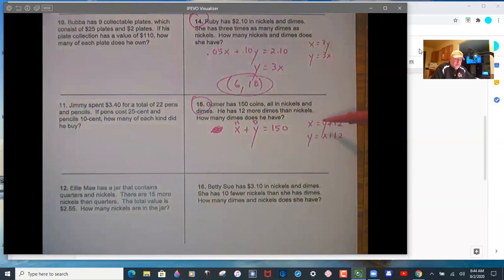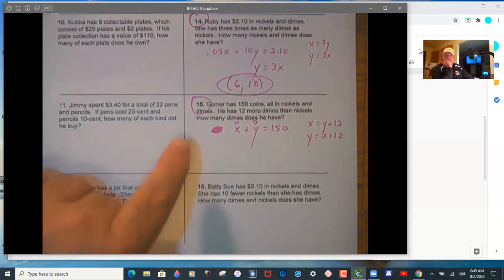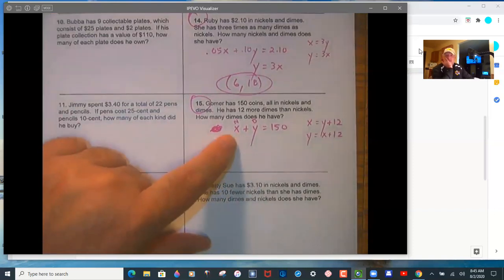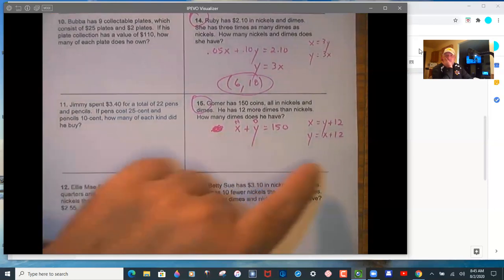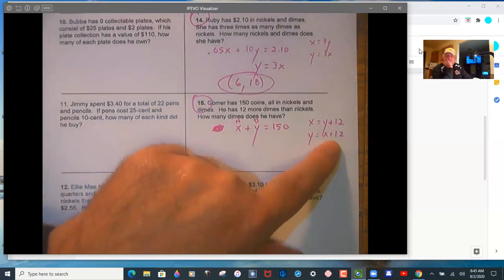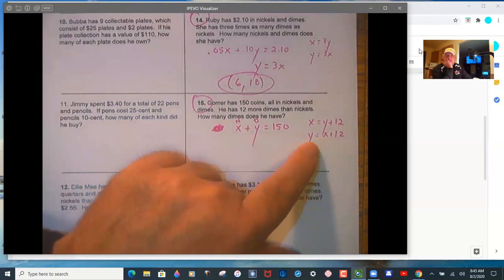So it's looking like that it's got to be the x, because I made the y equal to dimes. And I guess it doesn't matter. So I made the nickels x, so you've got to add 12 to the nickels to get it equal to the dimes.